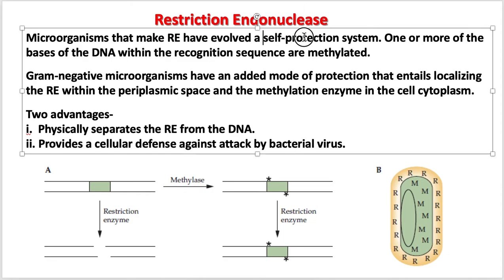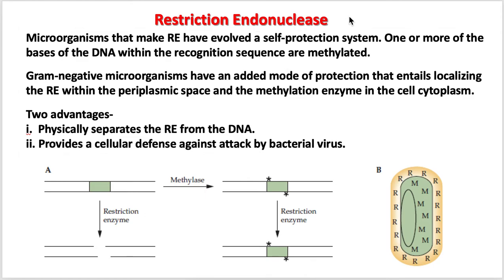What is that protection system? The bacteria who produce restriction endonuclease also have genes by which they can do methylation of their own DNA. If a DNA is methylated, then this restriction enzyme cannot recognize the DNA and cannot cut it.